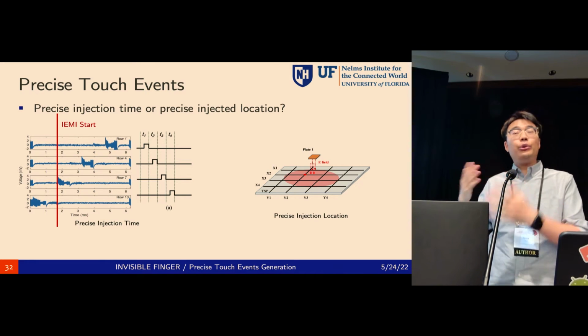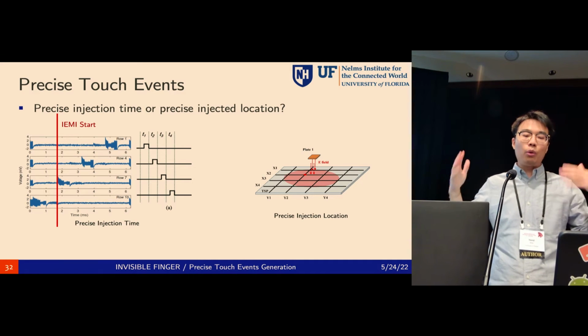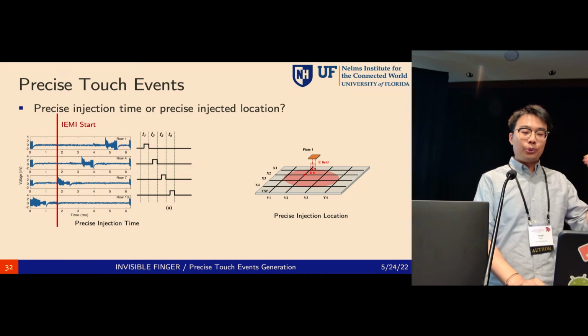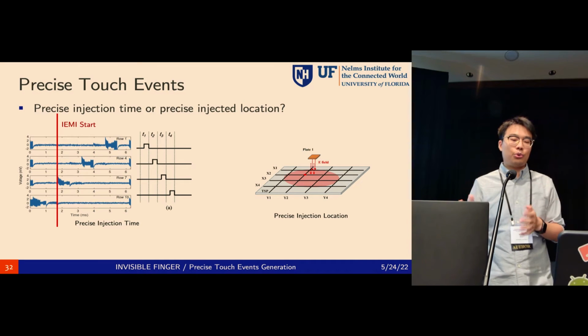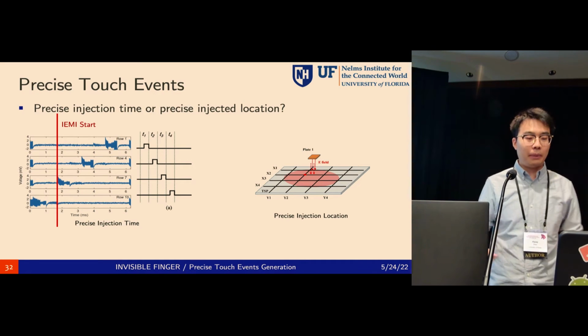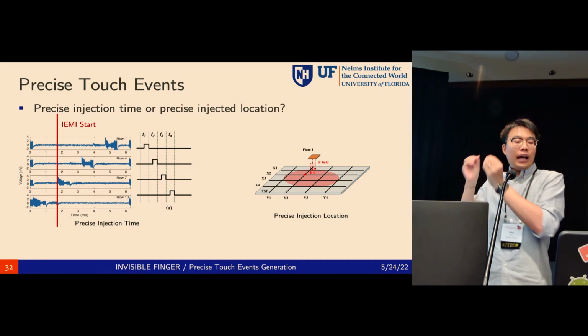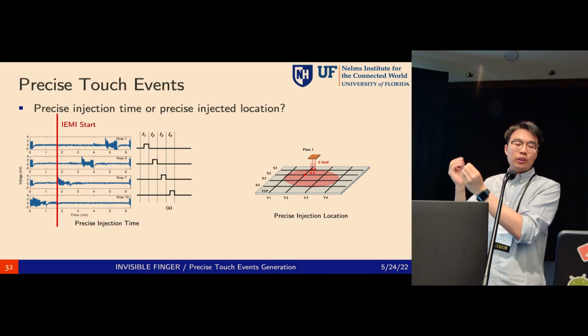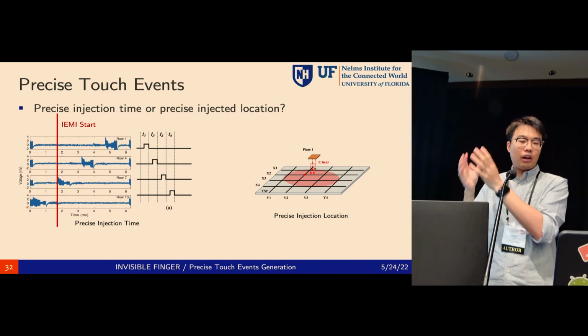But as you can also see, because the parallel scanning is all at the same time, it won't really work when the touchscreen uses an embedded parallel driving mechanism. So our attack, on the contrary, does not require a particular driving mechanism. Instead, we use an antenna design that can generate a very focused field to apply the interference on a very specific and narrow region of your touchscreen.